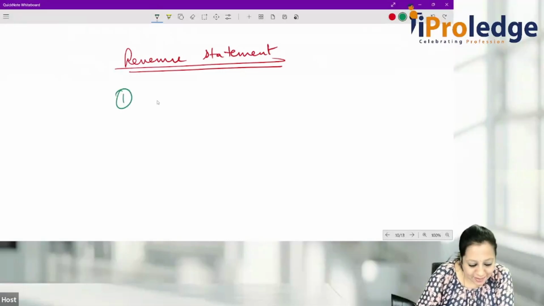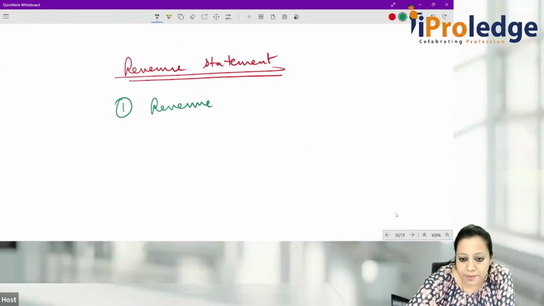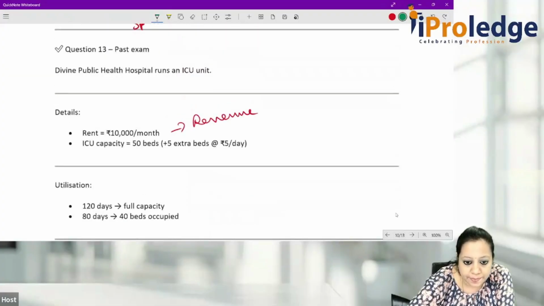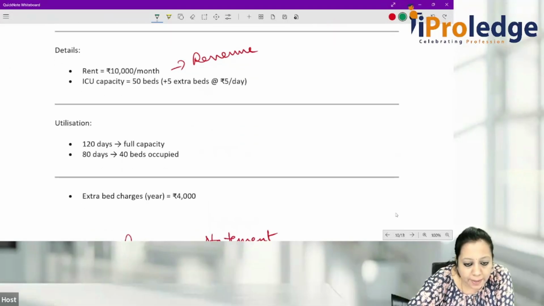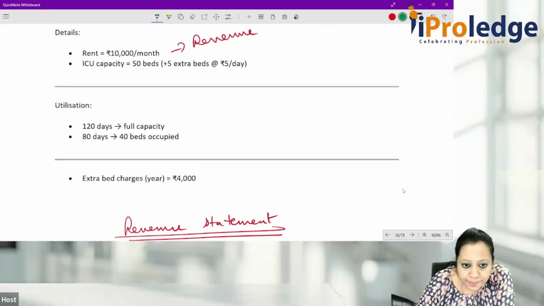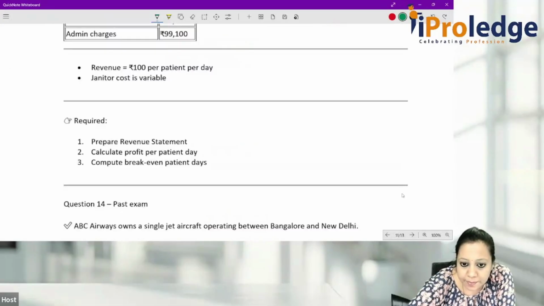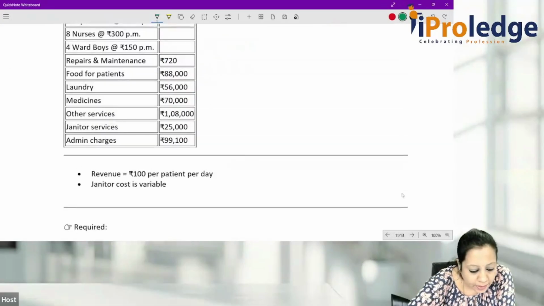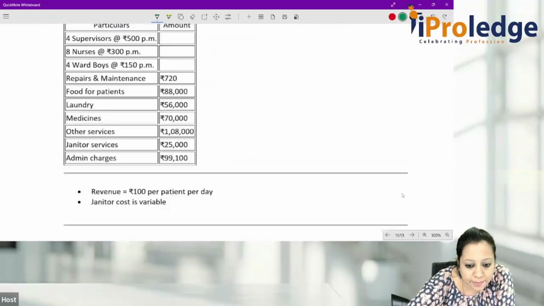It is going to be revenue, or you can call it sales also. It is 10,000 per month, and 100 per patient day. Right, students, everyone? Yes.